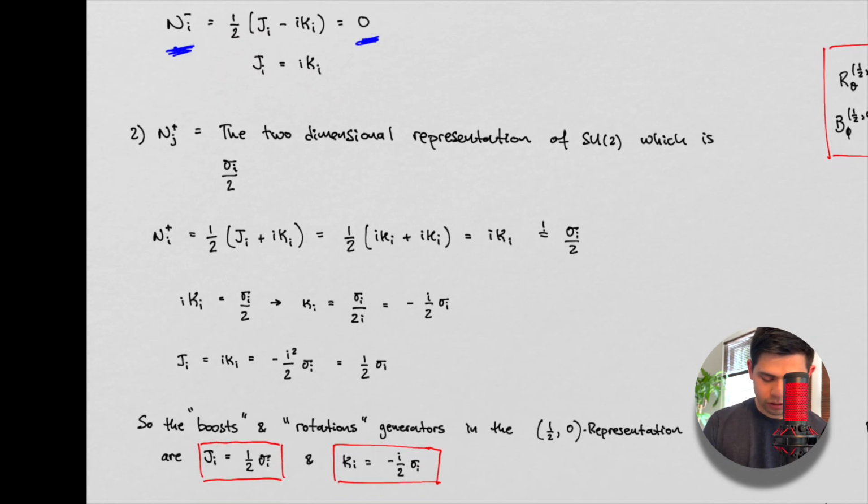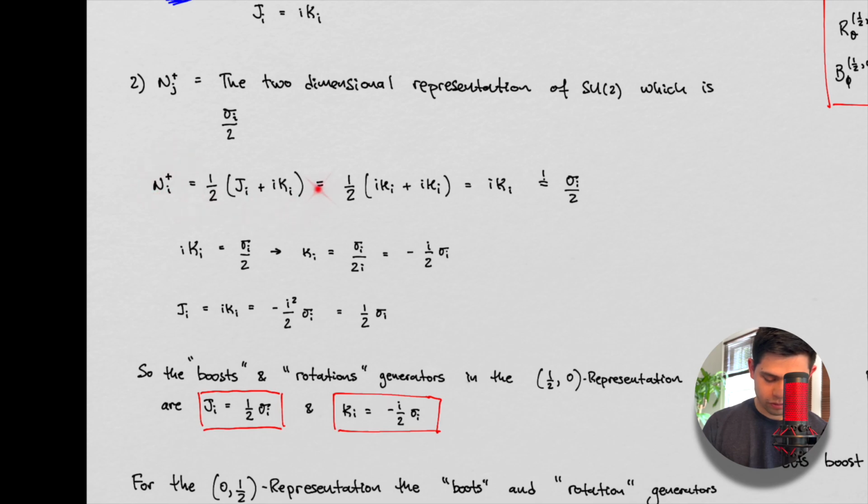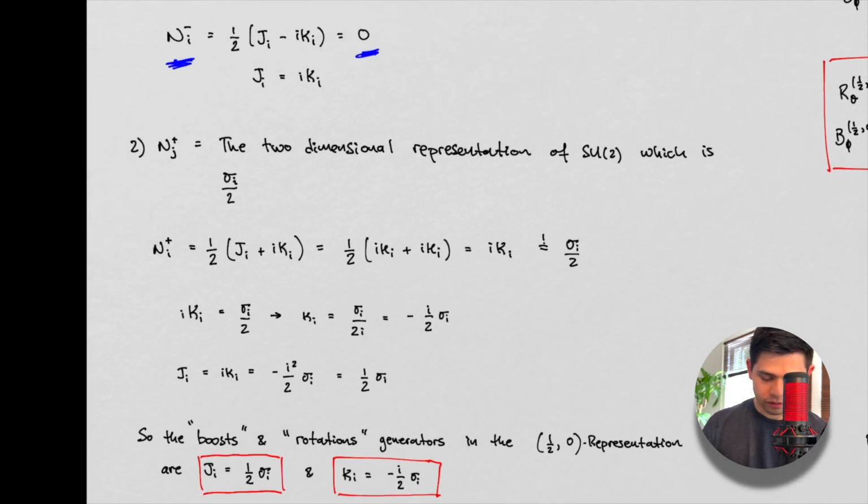All right, so now we look at the plus, the positive independent generator. This is the two-dimensional representation of the SU2 group, which is this guy. So we found out again that the two-dimensional representation was this, and so we know by definition this relationship. Well, then we have, if J is here, then we can put these two guys together and we get this, and then we get this, right?